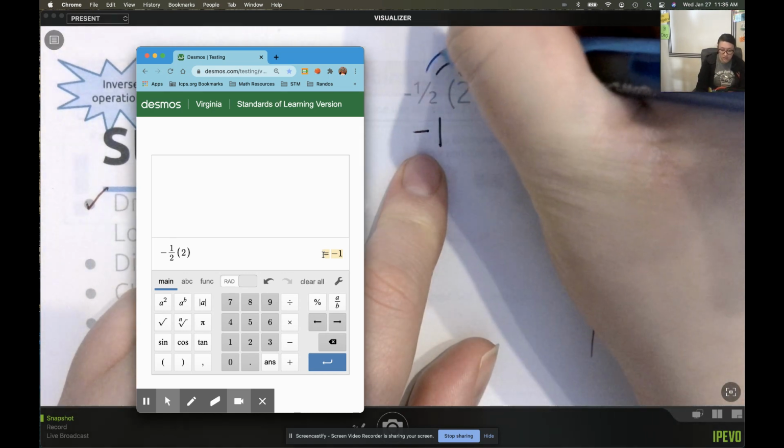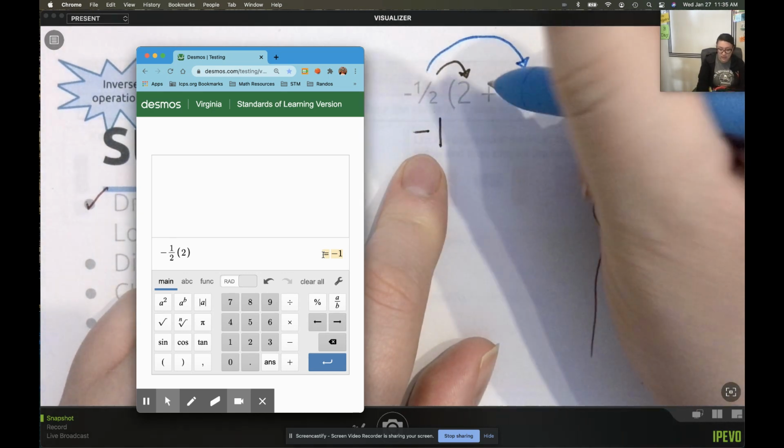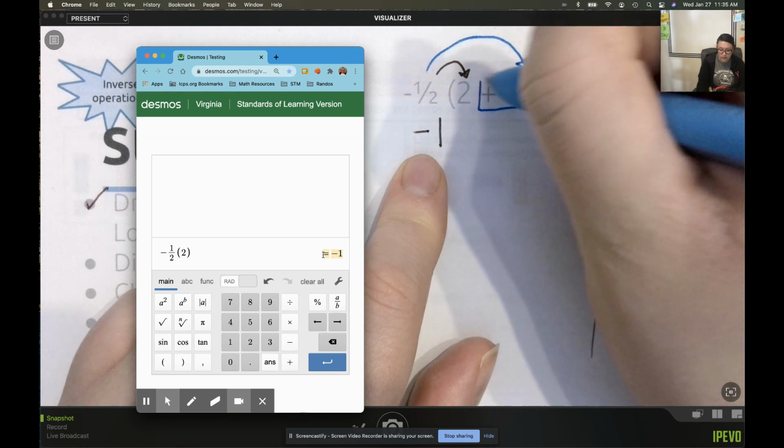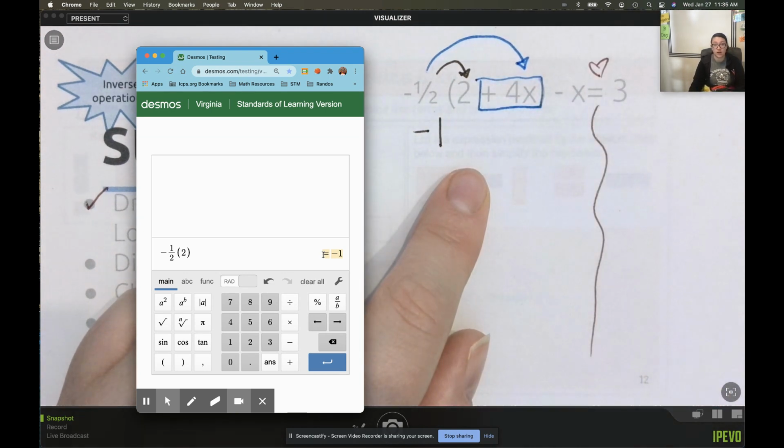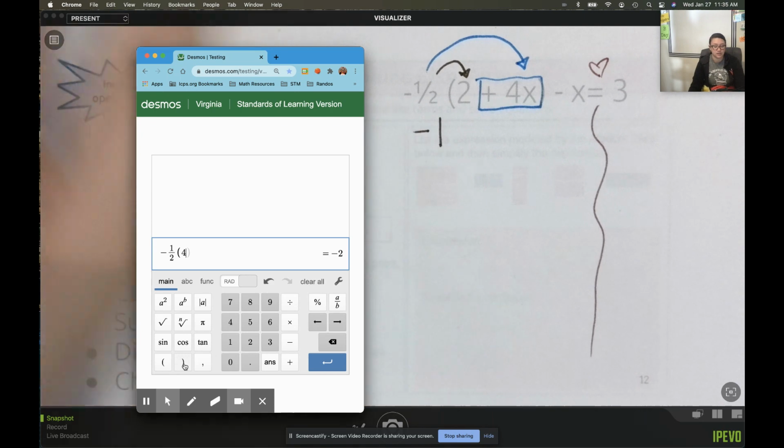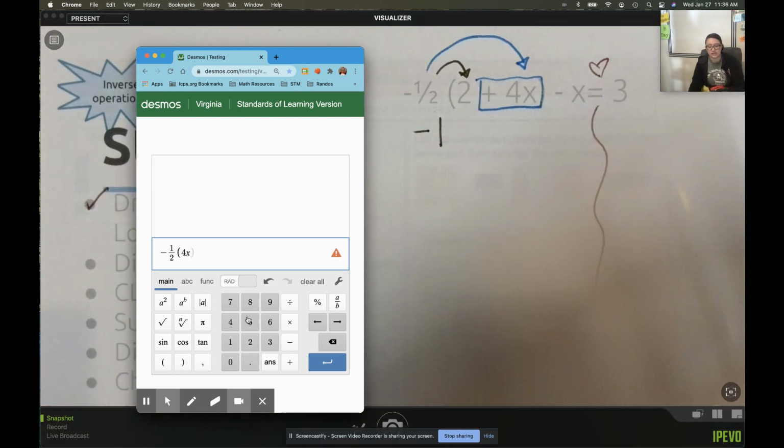Then I also need to take negative 1/2 times this other piece. It's a positive 4x. So I'm going to do again, negative 1/2, arrow over, times, I'm going to use my parentheses, 4. I can't do 4x. See, it doesn't recognize that.